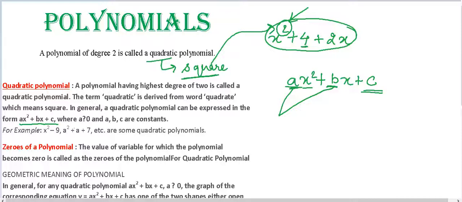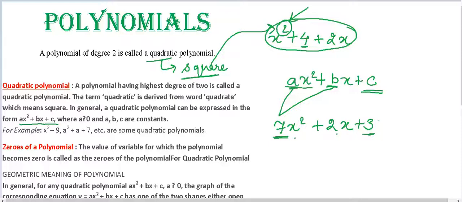If I have 7x square plus 2x plus 3, then 7 is the coefficient of x square, 2 is the coefficient of x, and 3 is the constant. So these are the basic terms related to a quadratic polynomial.